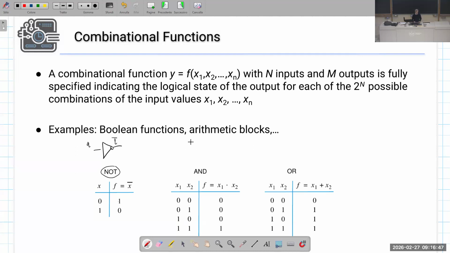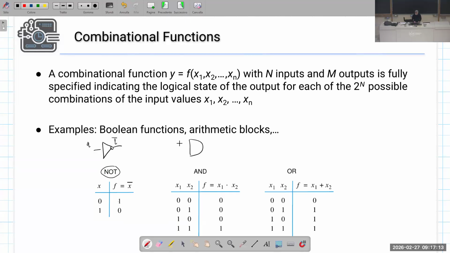If we have a combinational function with more than one input, we have to consider all the inputs and all the combinations of the logical values of the inputs. If we have two inputs, we have to consider four cases: 0,0, 0,1, 1,0, and 1,1, and specify the value of the output for each of these cases.